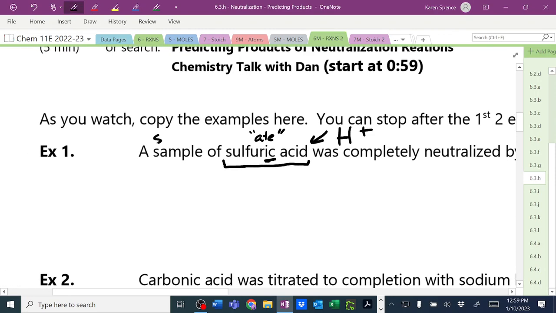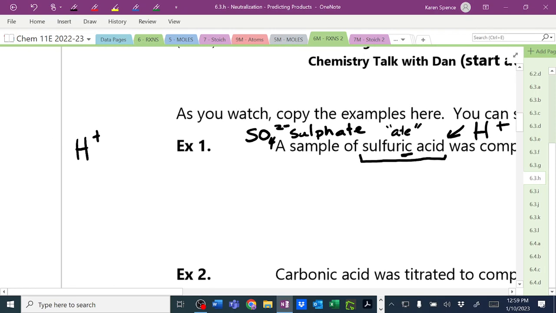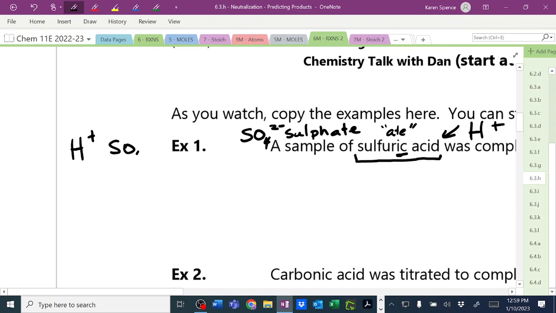So we are looking at sulfate. So sulfate, we can look that up on our polyatomic ion chart. It is SO4 2-. So we have sulfuric acid, we have H+, we have SO4 2-. So what is the formula for sulfuric acid? That becomes H2SO4. So that's what we're going to write here as one of our reactants, H2SO4.